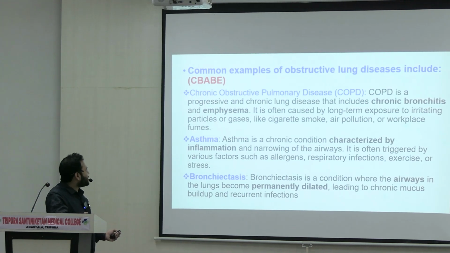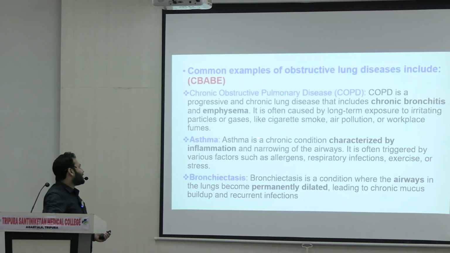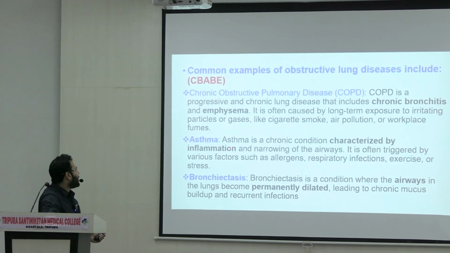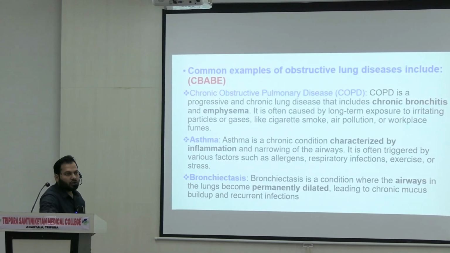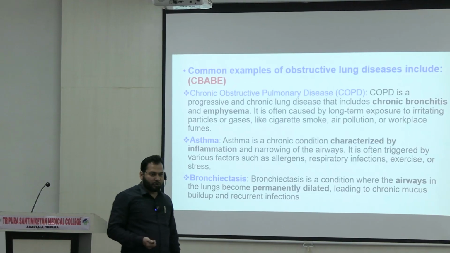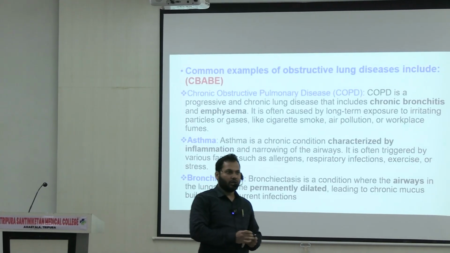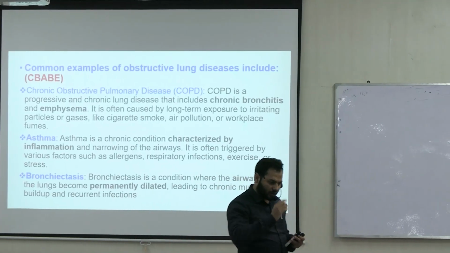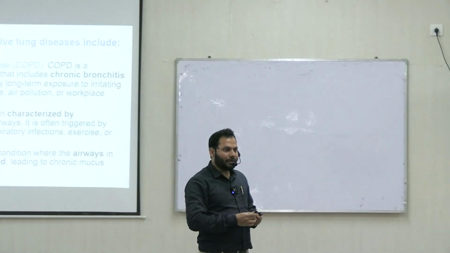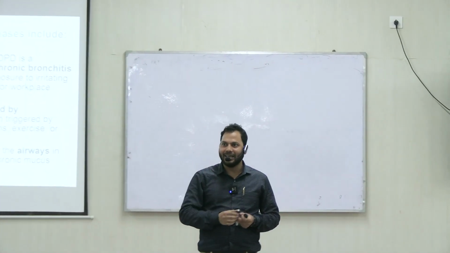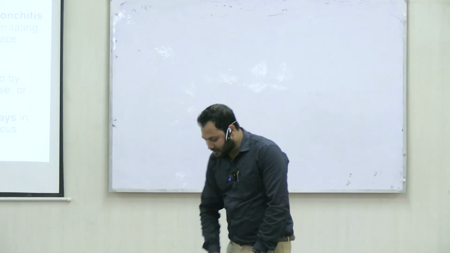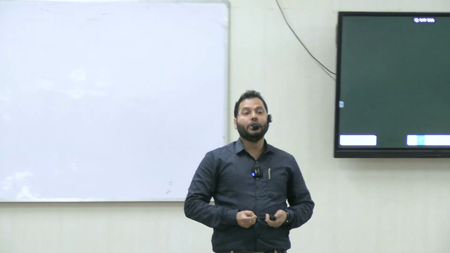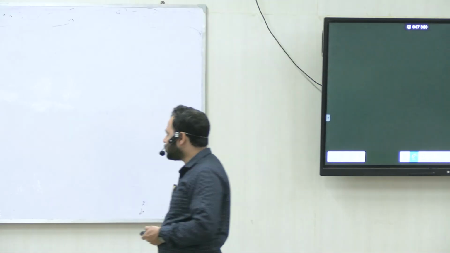So what are the features of asthma here? You can see it is a chronic condition which is characterized by inflammation, right? Inflammation means, if you see the air passage, the inner side of the lumen is composed of epithelial cell layers. And if there is an inflammation in the epithelial cell layer, it ultimately affects the normal flow of air, mainly during exhalation.